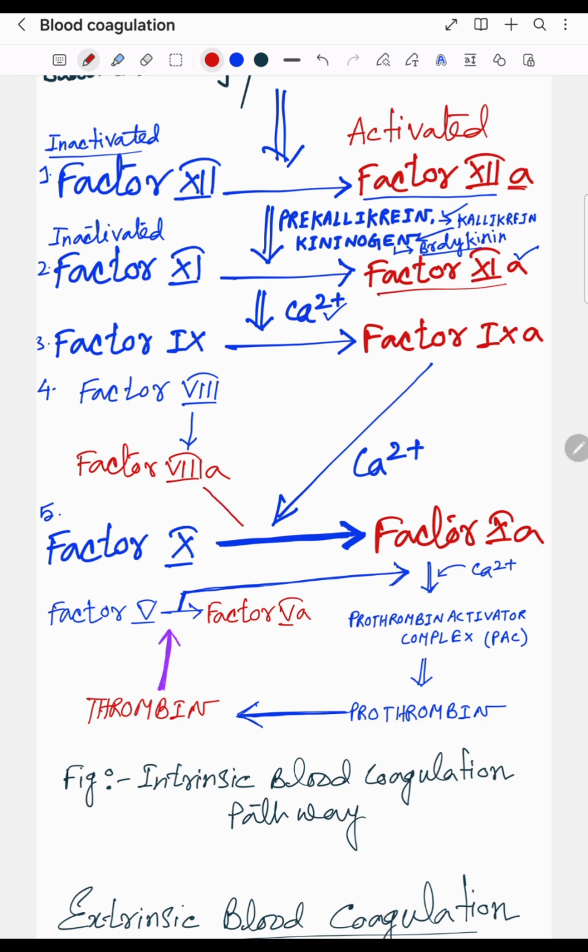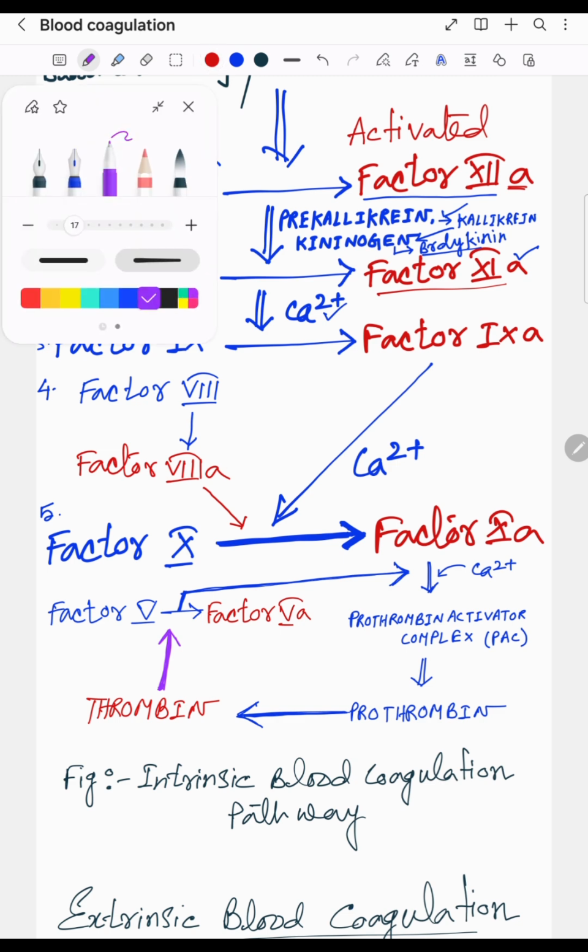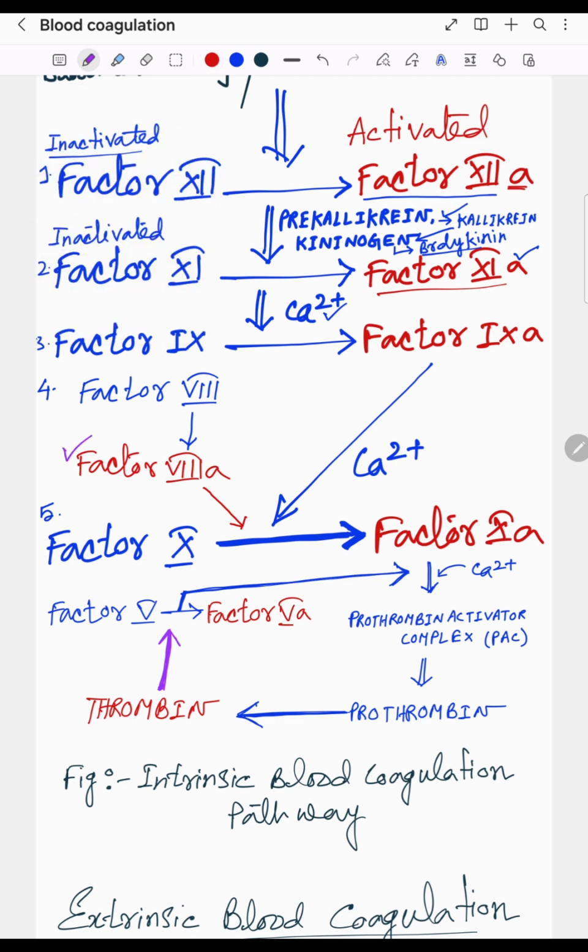So what we need for the activation of factor 10 is factor 8A and factor 9A. Factor 8A plus factor 9A forms the tenase factor, and that will help in the conversion of inactivated factor 10 to activated factor 10A.